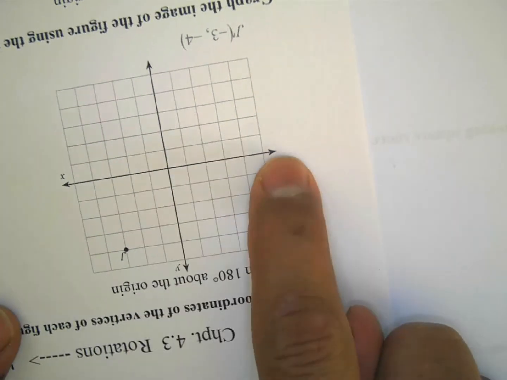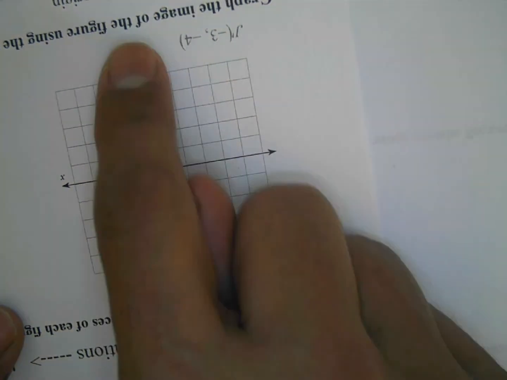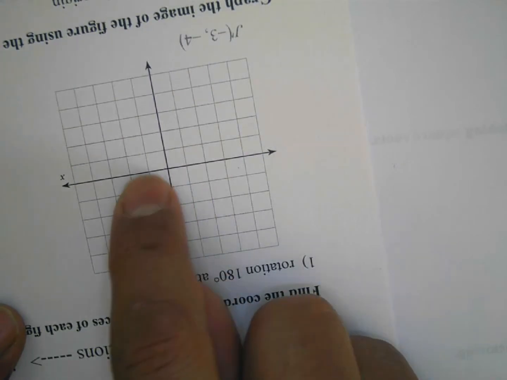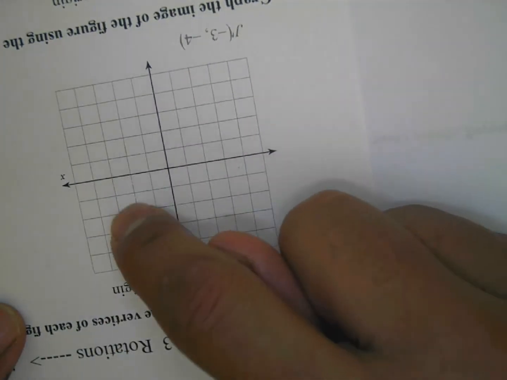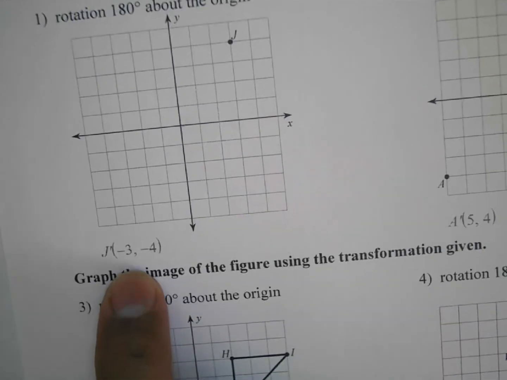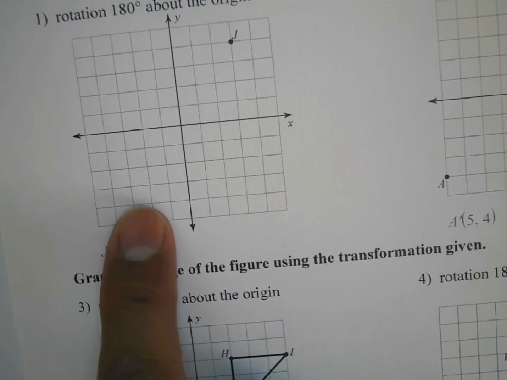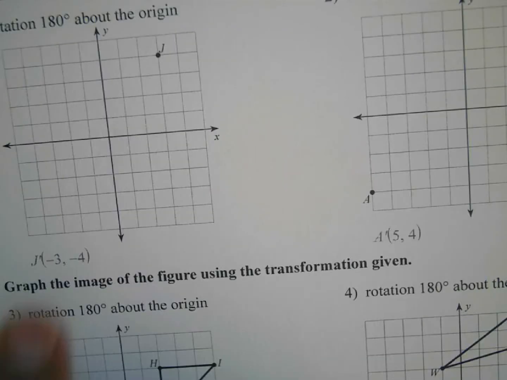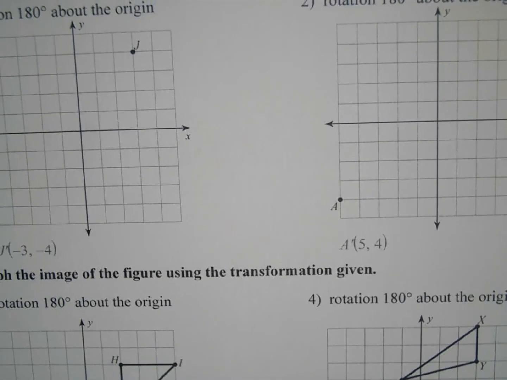And then again, you're still going to pretend like this is x, and this is y, and this would be what? 1, 2, -3, 1, 2, 3, 4, -4. You'll still get it. And see, this is the one that has the answer. See, it says the answer here. -3, -4, but it didn't plot it. You should be able to plot it.